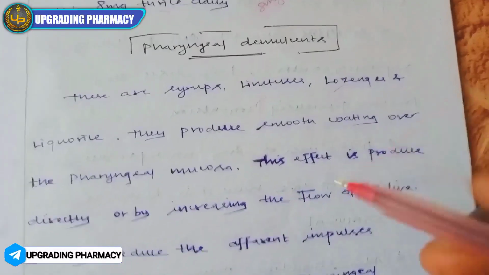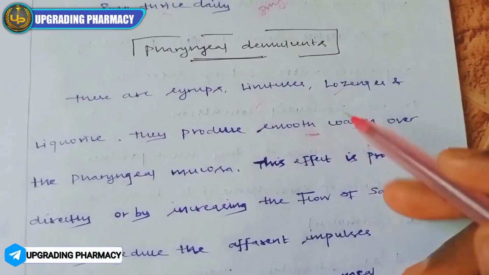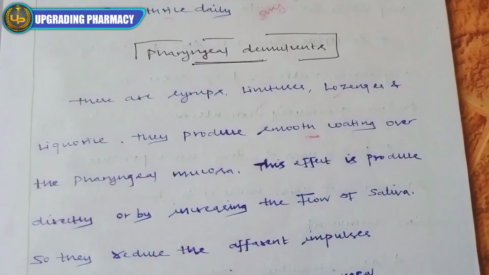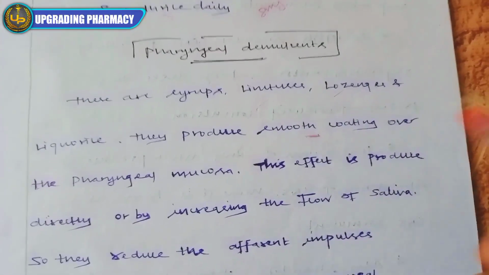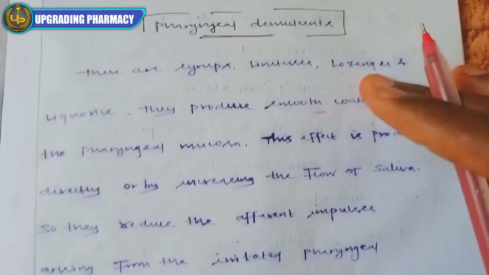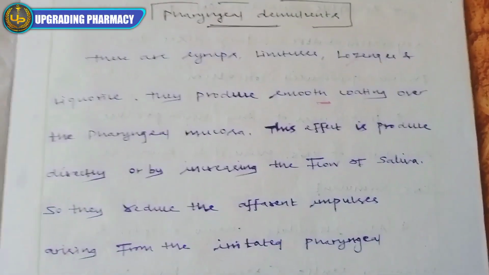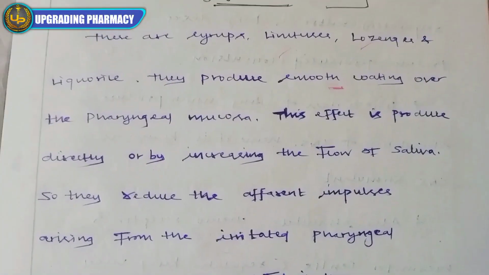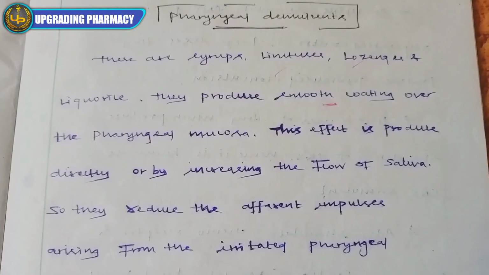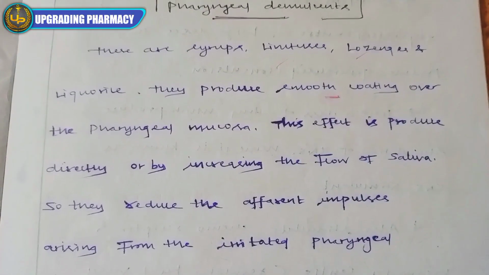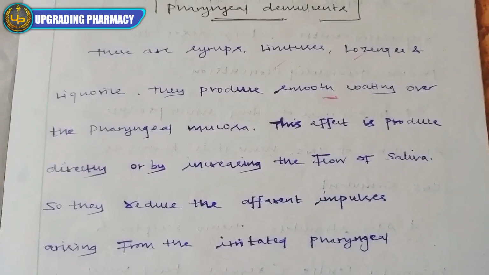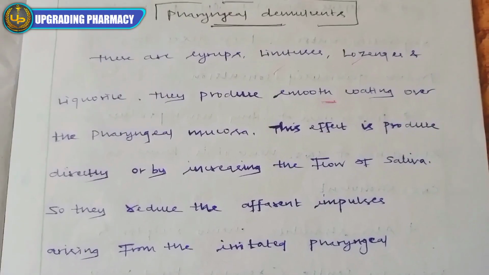They produce a smooth coating over the pharyngeal mucosa. This effect is produced directly or by increasing the flow of saliva. Both are mechanisms of action of pharyngeal demulcents.